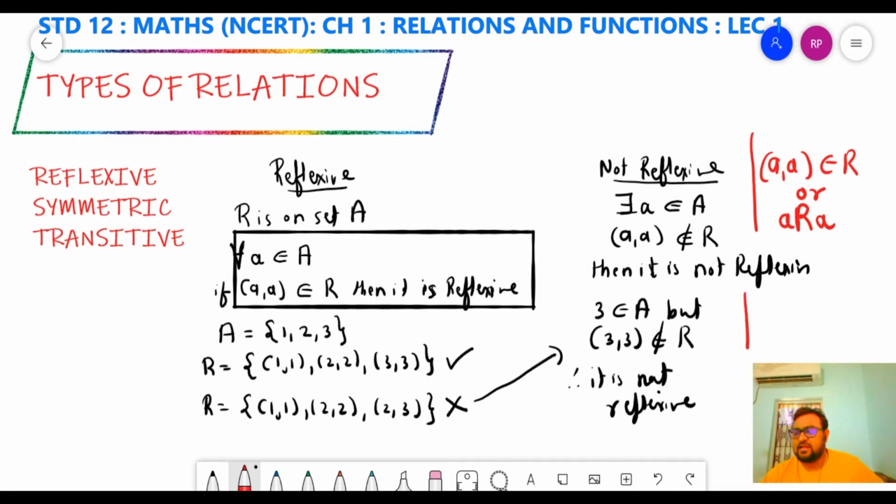If I am writing a R b, then this means that (a, b) belongs to R. So this is the short form. If you don't want to write down the complete form, you can write it in this way. Clear? So this was about reflexive. Just note down about the reflexive relation, then we'll move to symmetric.